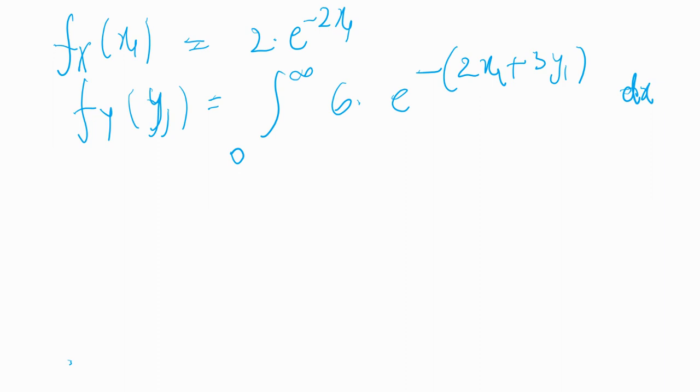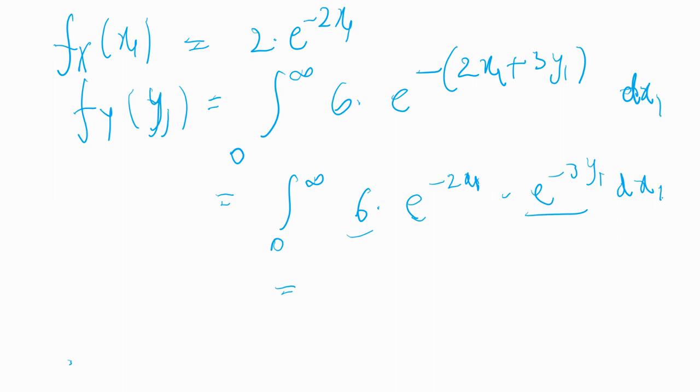Okay. So whether you have solved or not, just check you did it right or not. So this will be 0 to infinity. This one will be 0. Then e to the power minus 2x1, e to the power minus 3y1 dx. So this and this term are constant and this one is variable right now.